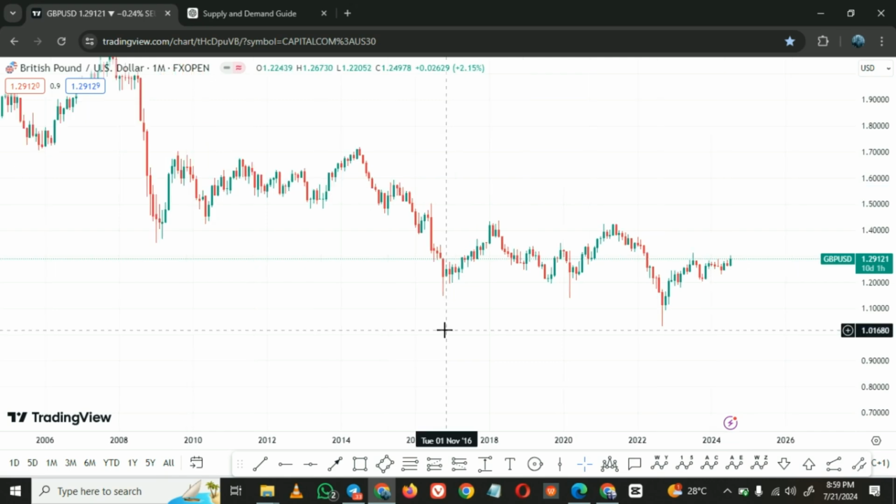The goal of every trader is to understand how the market moves. If you can understand the movement of the market, then you can predict what the market is doing, because our game as a trader is to predict. And how can we predict? Through price action analysis.